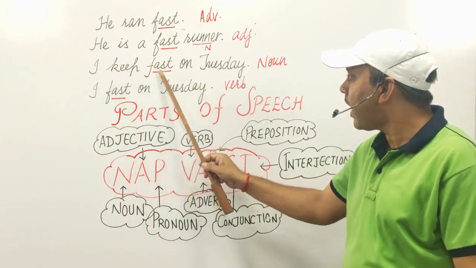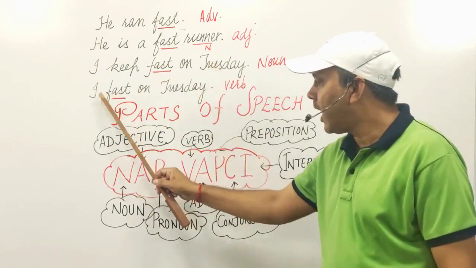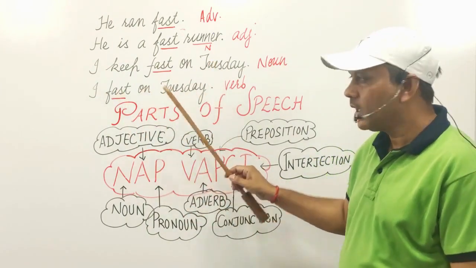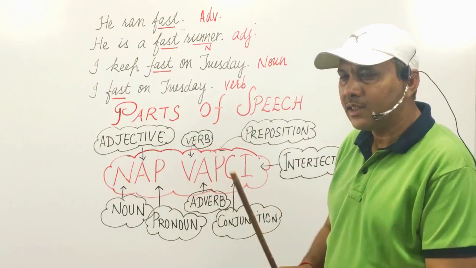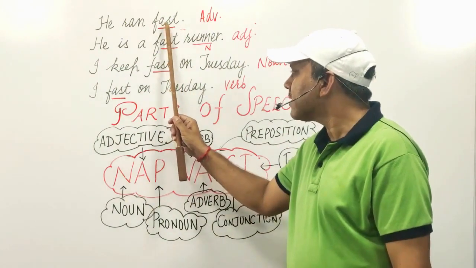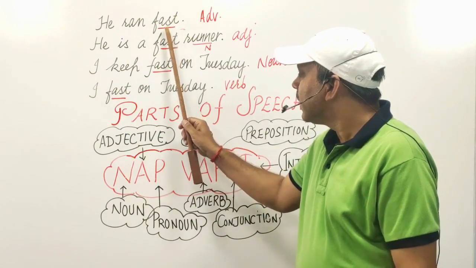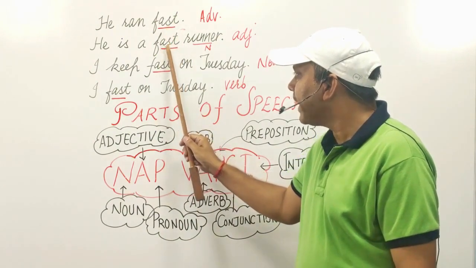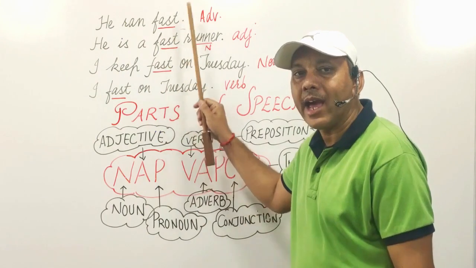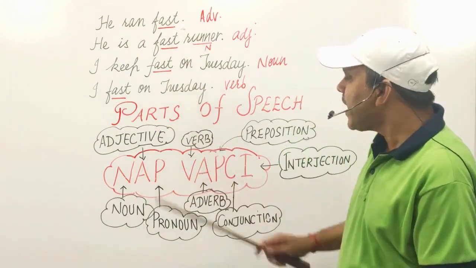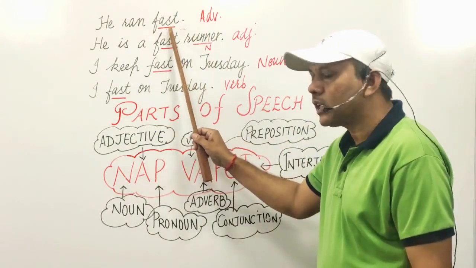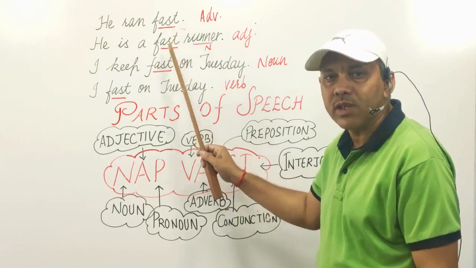I keep fast on Tuesday. I fast on Tuesday. In these 4 sentences, there is a word fast in every sentence. But do you know, the word fast plays a different role in every sentence? We have to tell which part of speech fast is in every sentence.